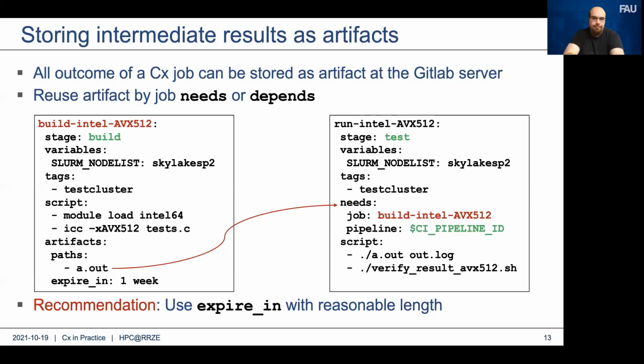Then in the run job, we tell it that we need the artifacts from this job. This will fetch all artifacts from this job. Since it's only one, it fetches only this a.out. With the pipeline, use this line. It's a recommendation.